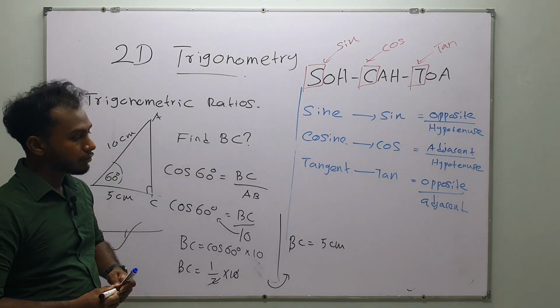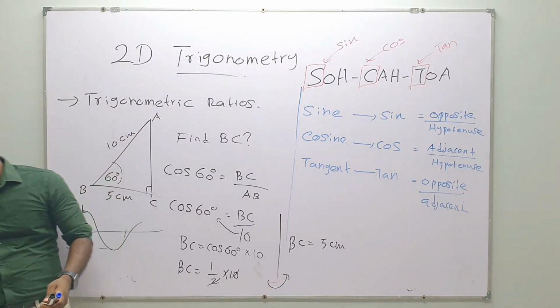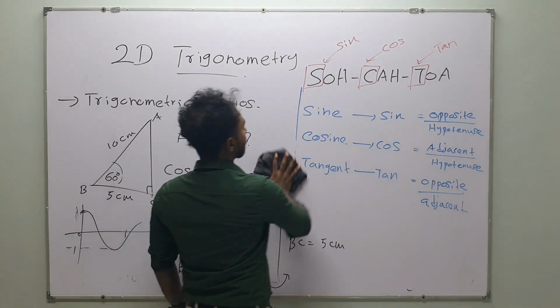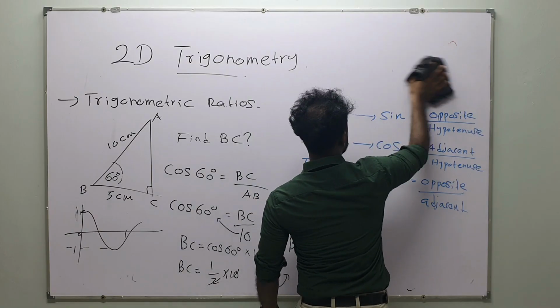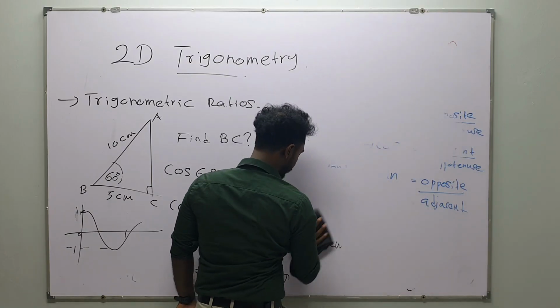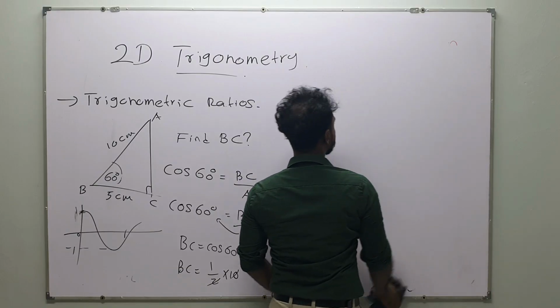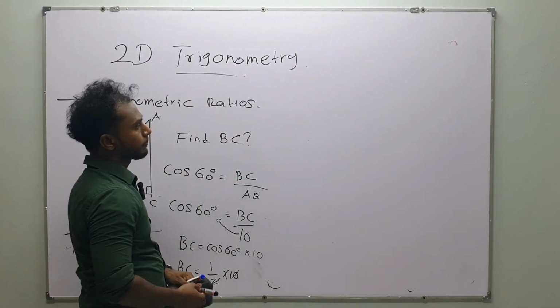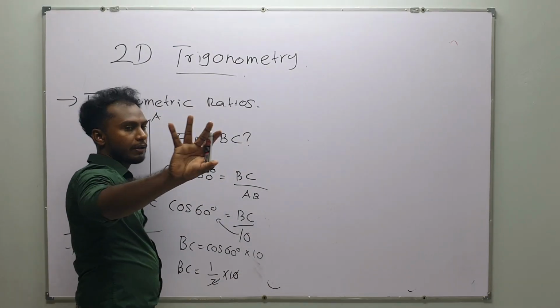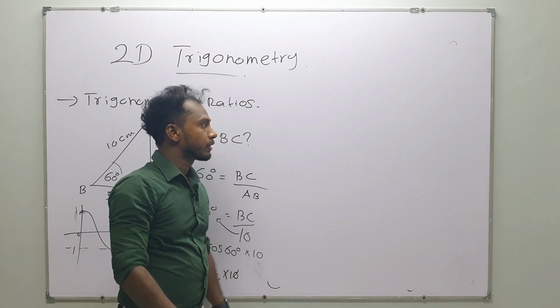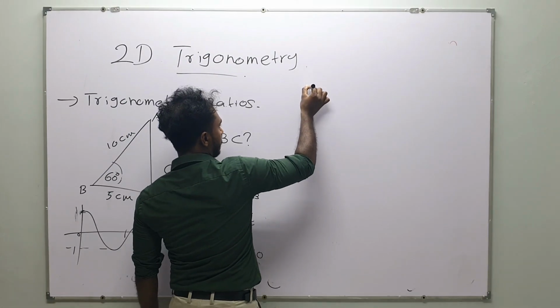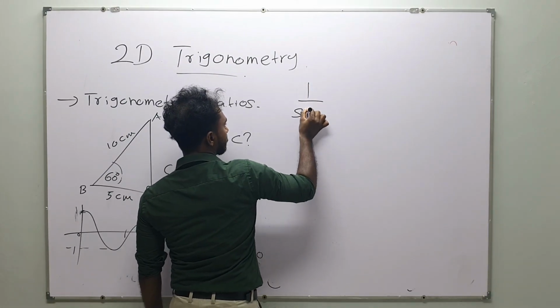Then next we have to talk about the inverse trigonometric ratios. Right. I will erase this section. That means the opposite of this. That means if two sides are given, we can find the angle. Tell me this: what happens when we take the reciprocal of a value? Like how can you write 1 over sine?